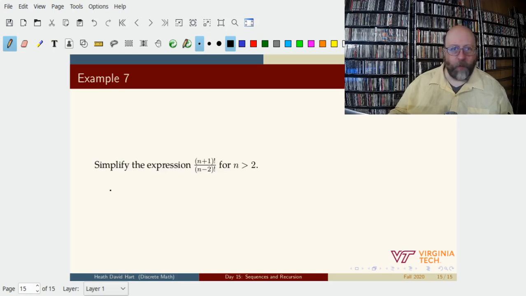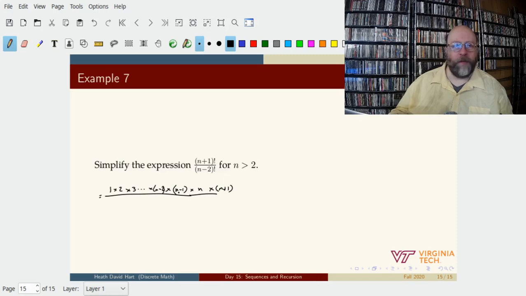So n plus 1 factorial is 1 times 2 times 3 all the way up to, well, we'll stop at n plus 1, but just before that we got to n, and just before that we got to n minus 1, and just before that we got to n minus 2. I'm working backwards from n plus 1.